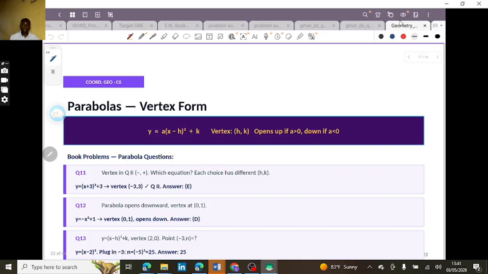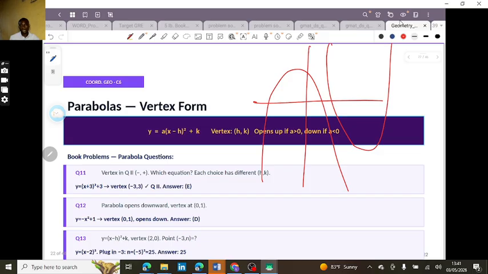Yeah, the vertex form of a parabola. A parabola is just like this, maybe this, right? It's a fancy name you use if you graph a quadratic function. The vertex form will give the turning point, the value at the turning point, and the parabola.